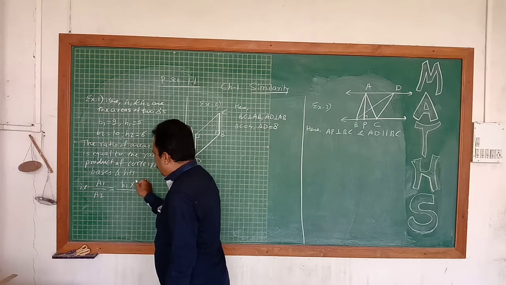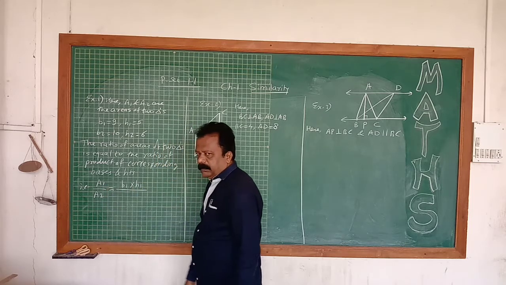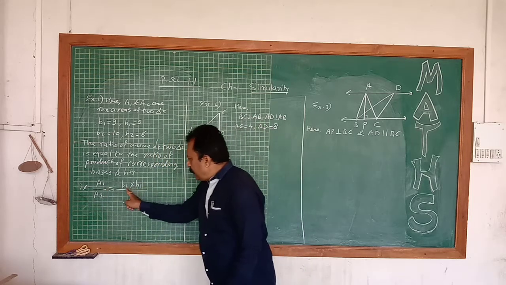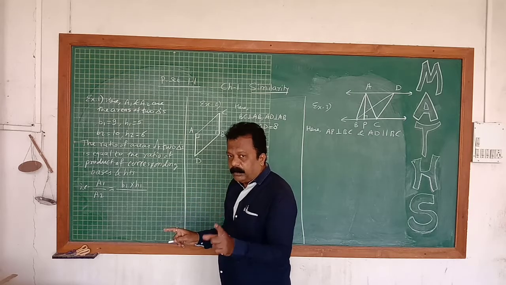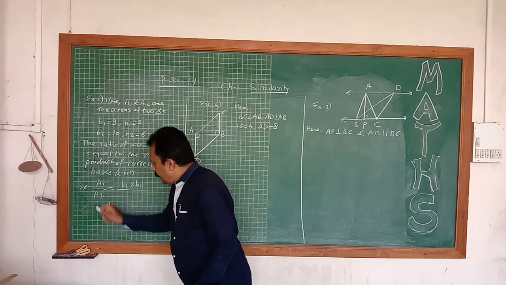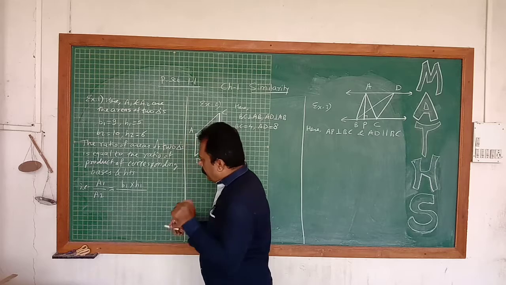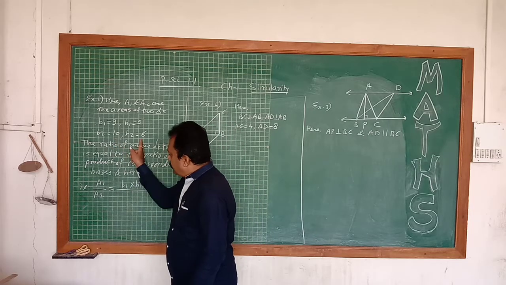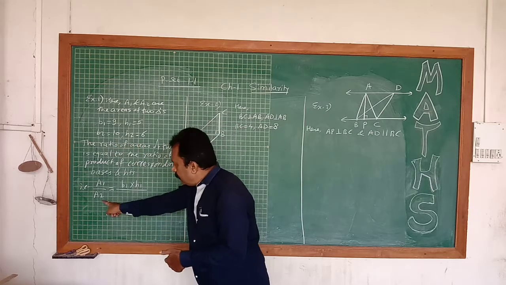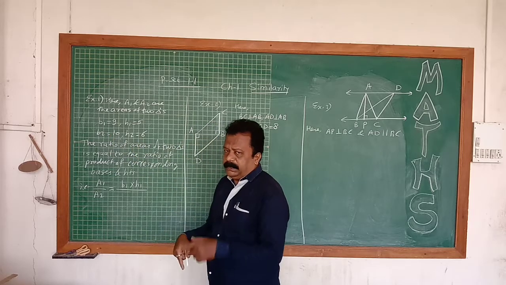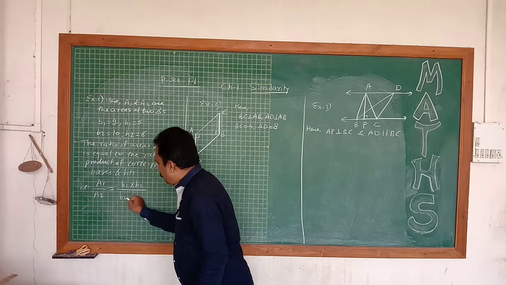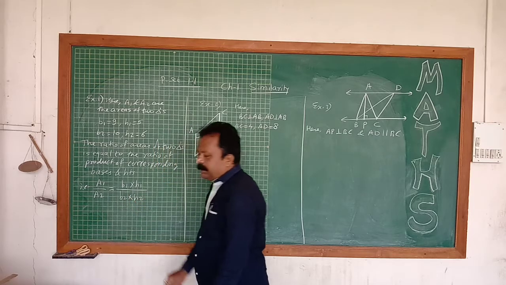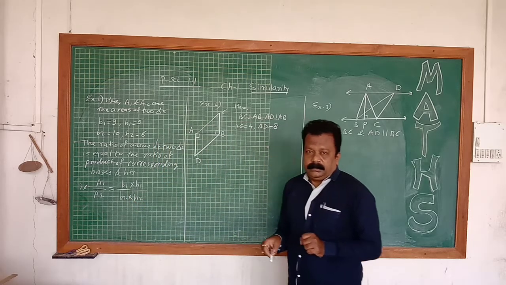This is the first triangle, because the first triangle is in the numerator, so its corresponding base and height B1 and H1 are also written in the numerator's place. That is very important. Now A2 is in the denominator's place, so the base and height corresponding to that triangle must be in the denominator's place. That is very, very important. We make mistakes there. So B2 into H2.